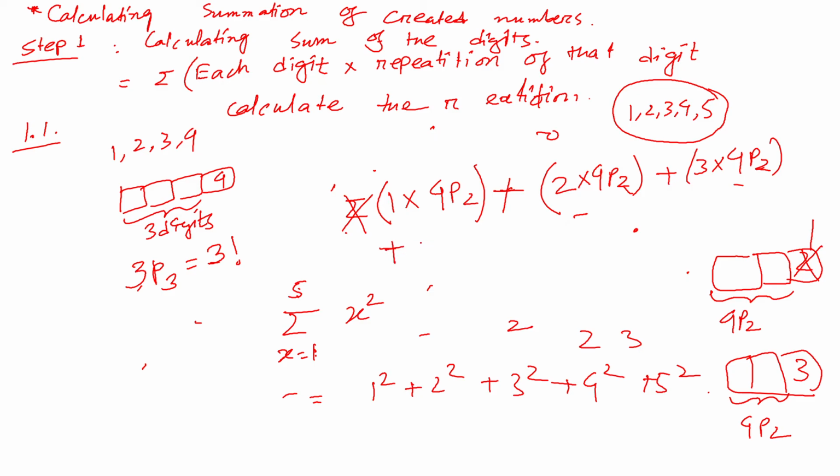Okay, see, if we try to figure out, say 3 is fixed here, there would be 4 digits to fill up these 2 spots.